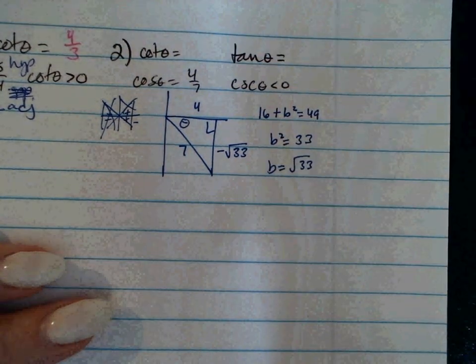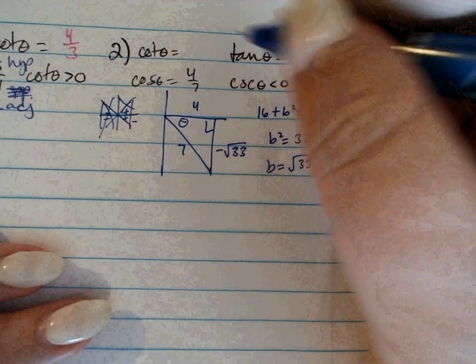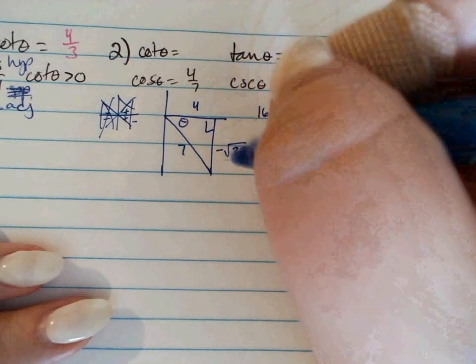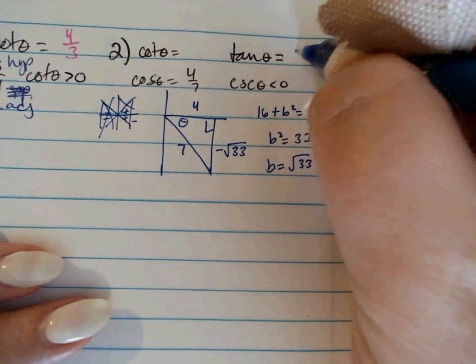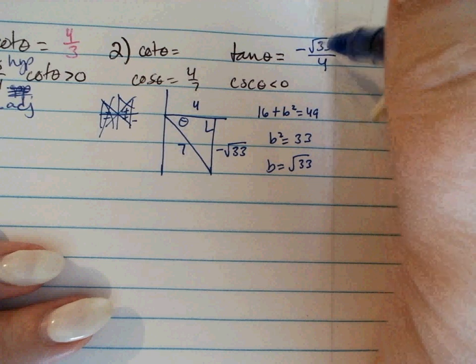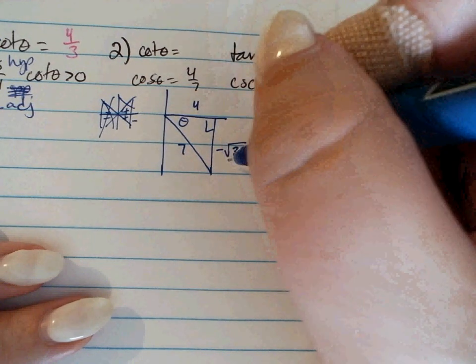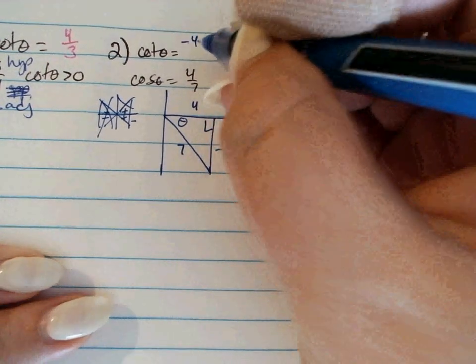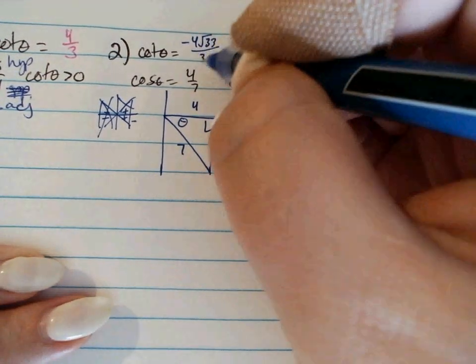So the question is, what is cotangent and what is tangent? Tangent is opposite over adjacent, which is just negative square root of 33 over 4. And cotangent is the reciprocal of that, adjacent over opposite, 4 over the negative square root of 33. But you're going to have to rationalize that and bring the negative up, so negative 4 root 33 over 33. And there we go.